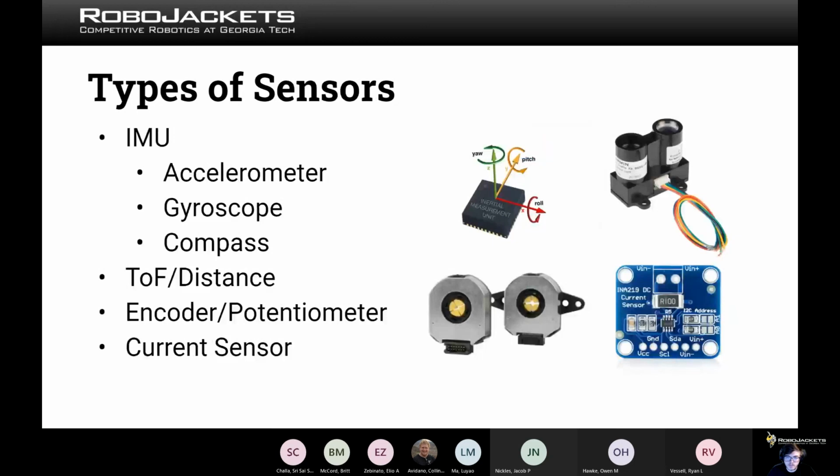So that's one of the sensors. It's pretty common. I think almost all of our robots have an IMU on them at this point. We also have time of flight sensors or distance sensors. How they often work is they either use sound or light and measure how long it takes to go from the source to a destination and come back.